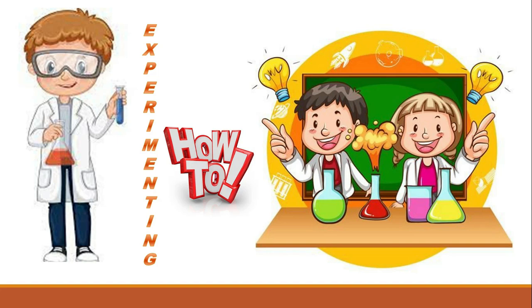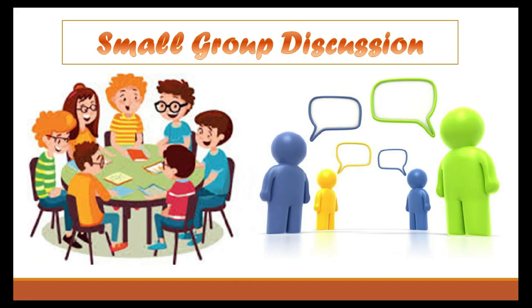When the students see by themselves, when they watch with their own eyes how the volcano erupts, how the lava is coming out, that's how they are going to learn more than just by reading the text. So that is called the experimenting method, and it is also a very effective method of teaching.